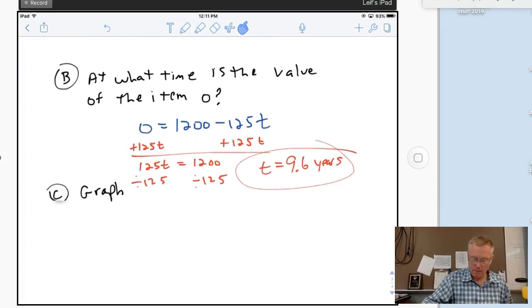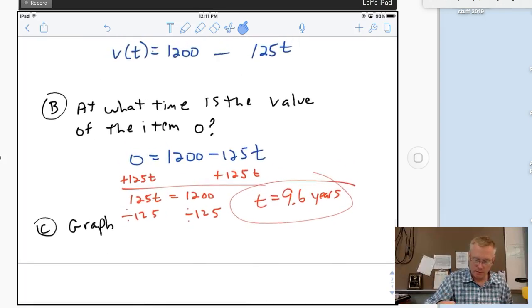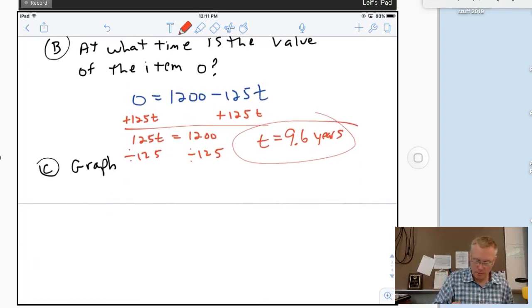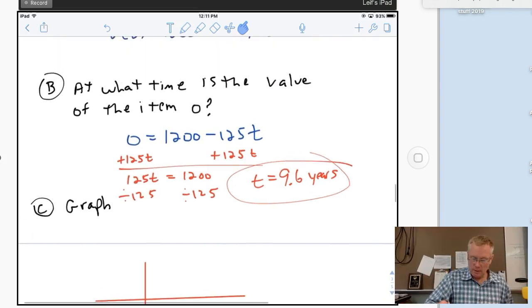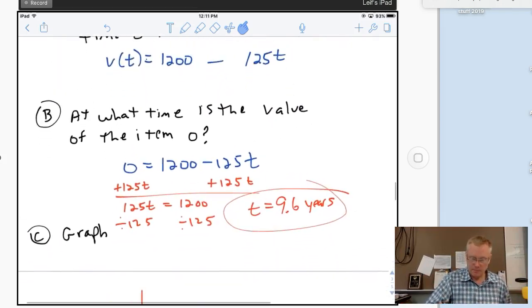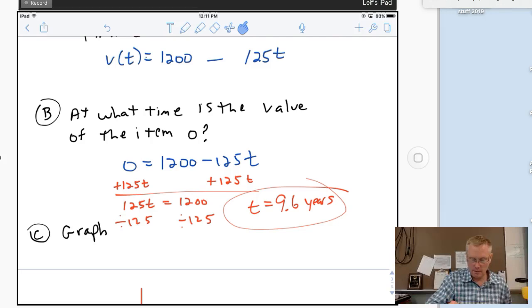Okay. I want a graph, big fancy graph. Let's see. If I rewrote this, I went negative 125t plus 1200.